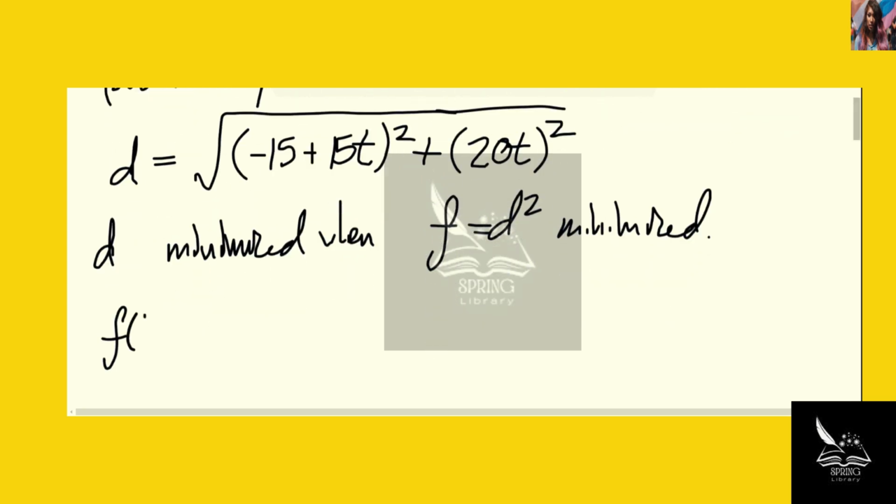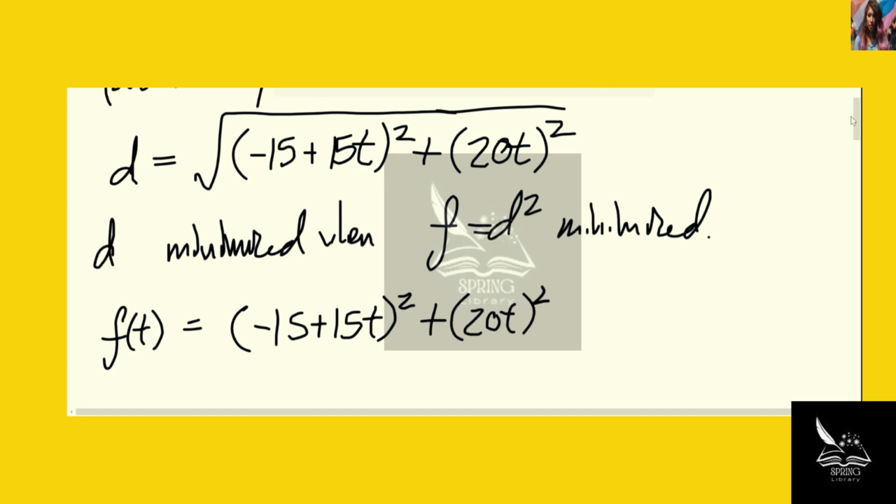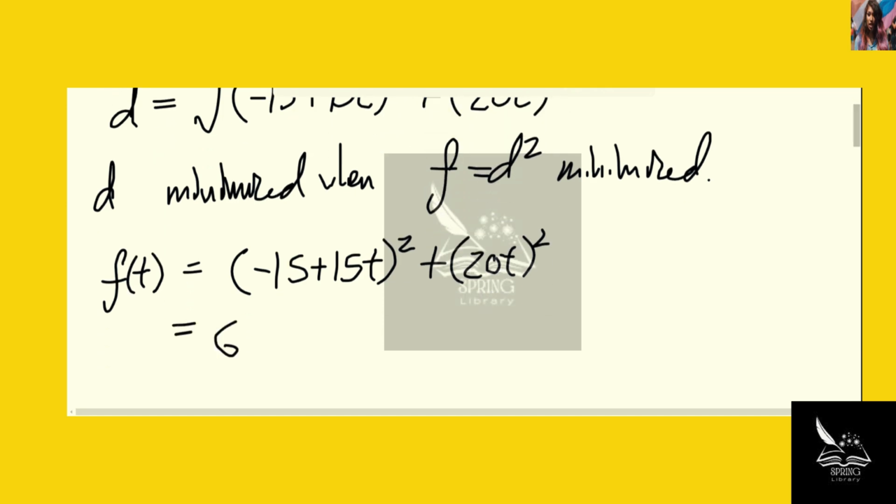So f as a function of t is (-15 + 15t) squared plus (20t) squared. And if you FOIL this out, this is 625t squared minus 450t plus 225.